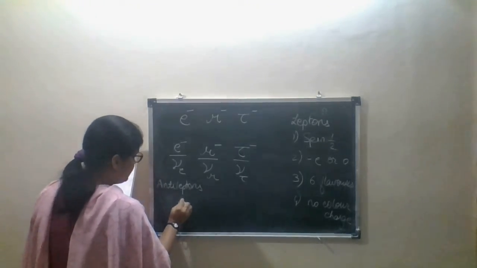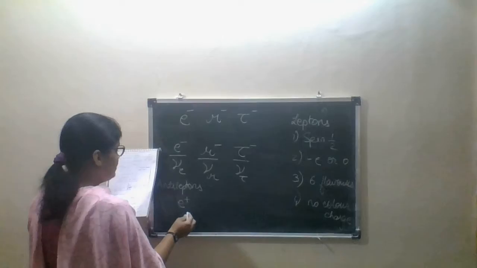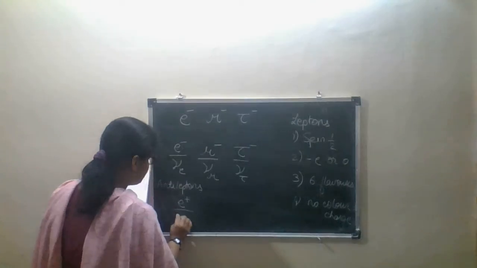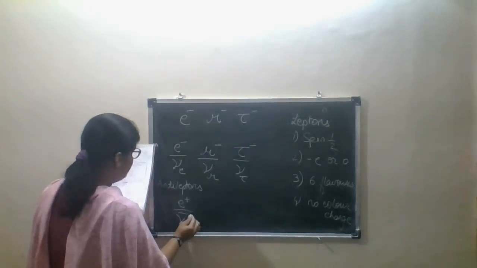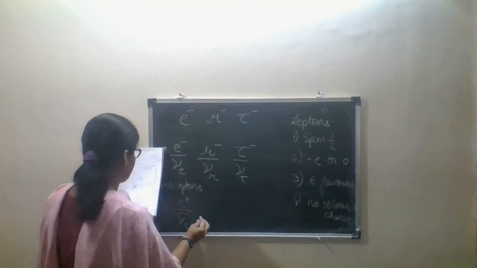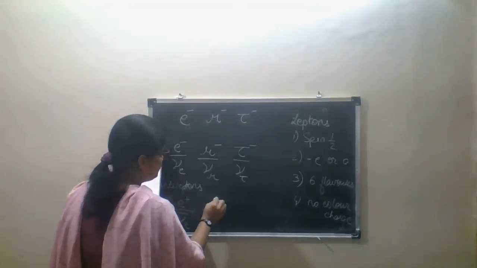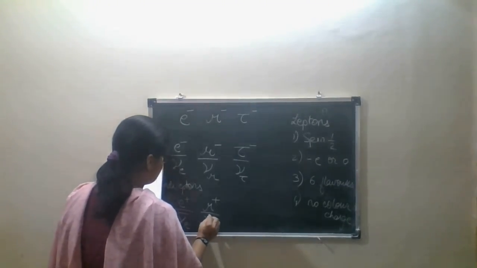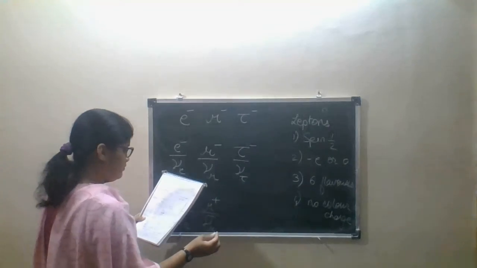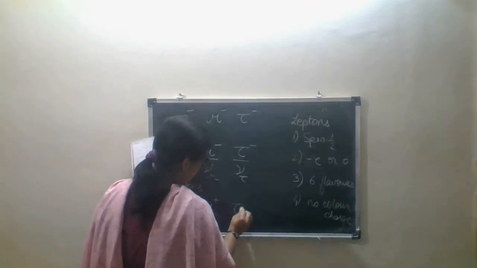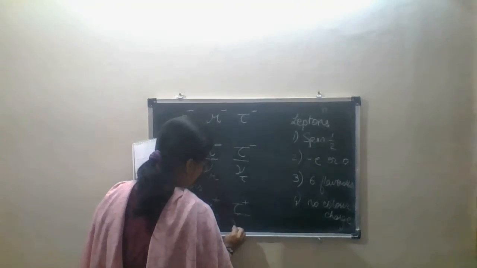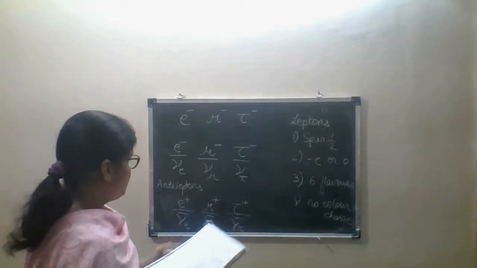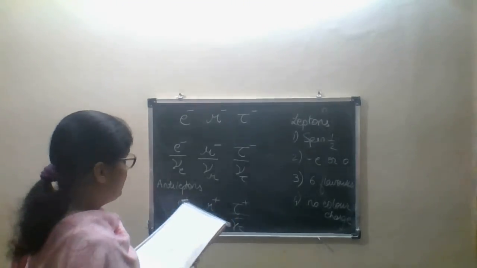Antileptons are given by e to the power plus, with its antineutrino, nu e bar, then mu plus with nu mu bar, and again tau plus with nu tau bar.